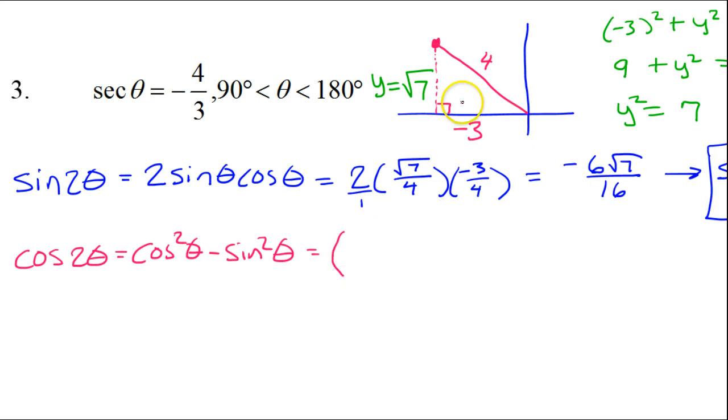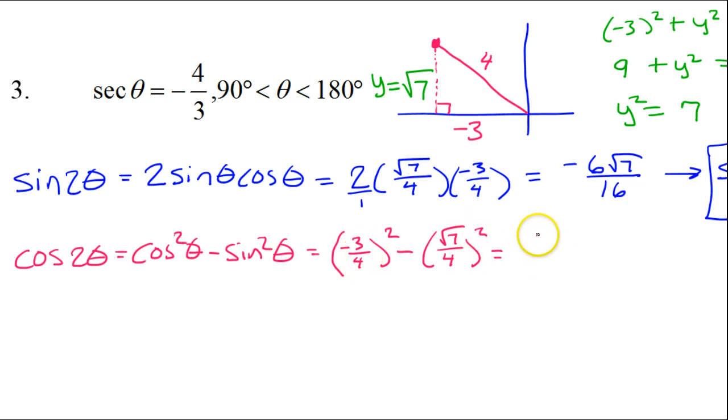Alrighty then, cosine is x over r. So that's going to be negative 3 over 4 squared. Sine is y over r. So that's radical 7 over 4 squared.